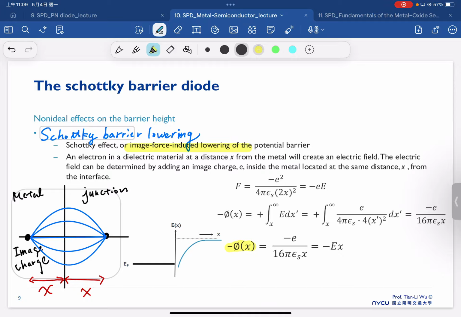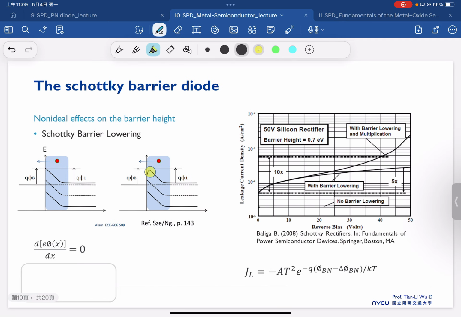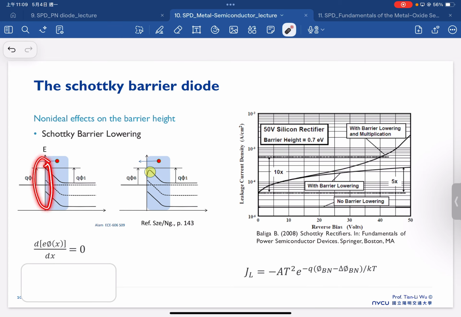And this in the end will impact our barrier height. Ideally we have this Schottky barrier height as shown in the left-hand figure. But because of this image force, we have this phi(x) influencing our barrier.